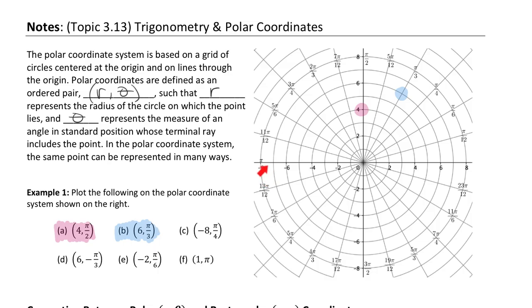I am going from the negative 8 and turning pi over 4, which means this is the coordinate point for negative 8 comma pi over 4. I'm making that one green. So negative 8 comma pi over 4 is right here, because we are pi over 4 radians from the negative 8 on the x-axis.